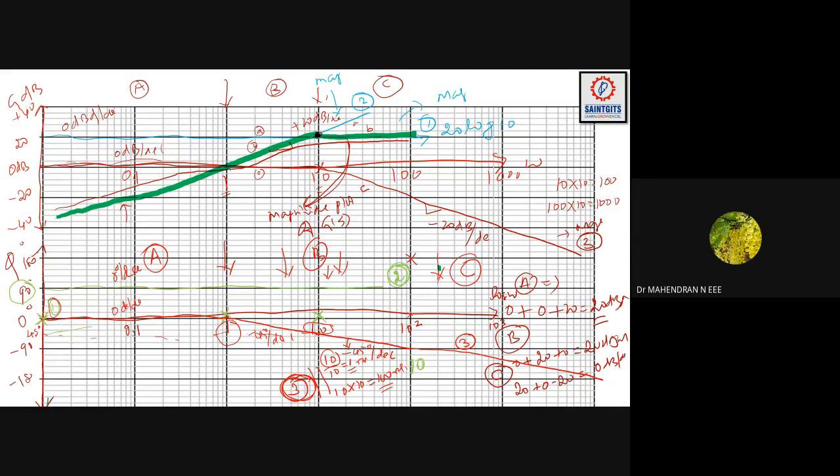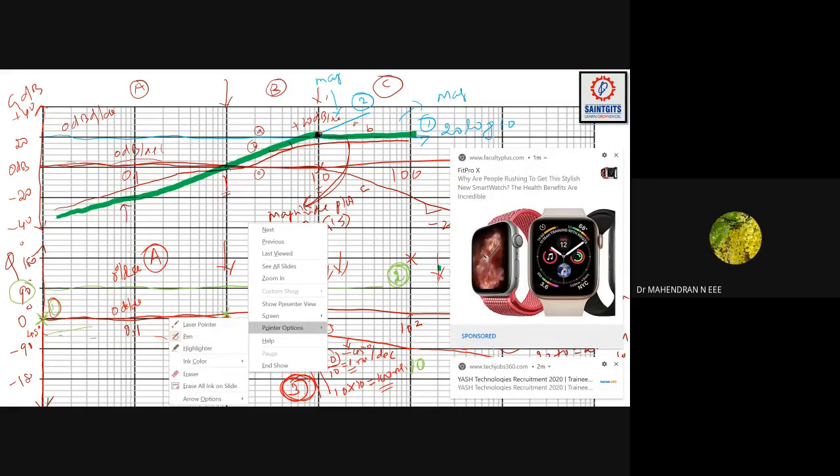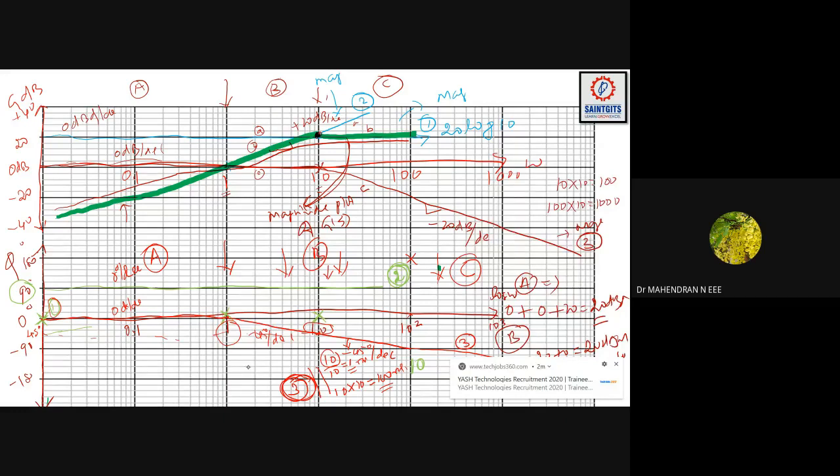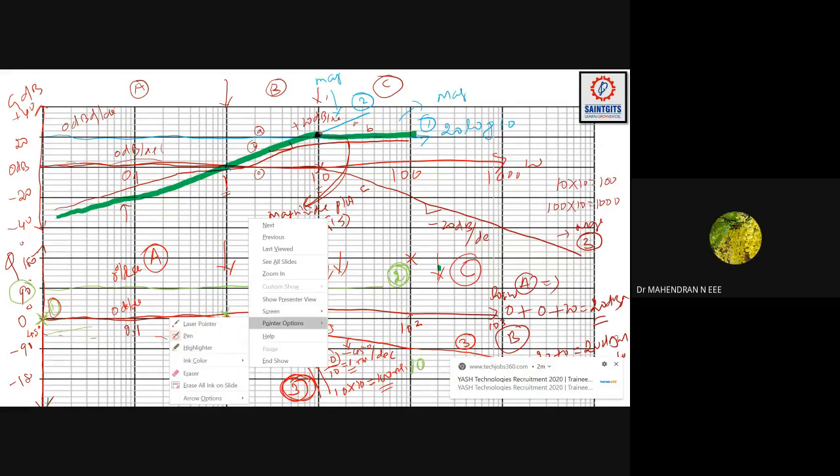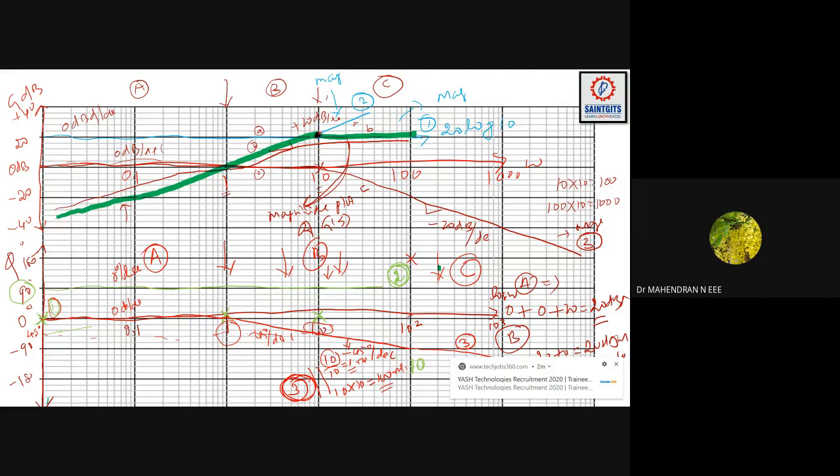Am I right? So up to 1 the curve will be like this because there is no change in slope. So cumulatively you will get 0 degree per decade.